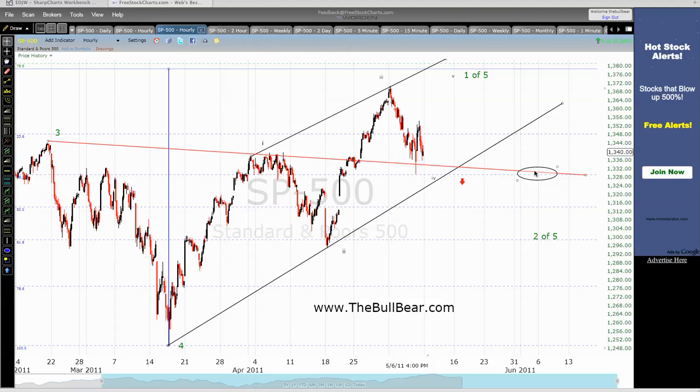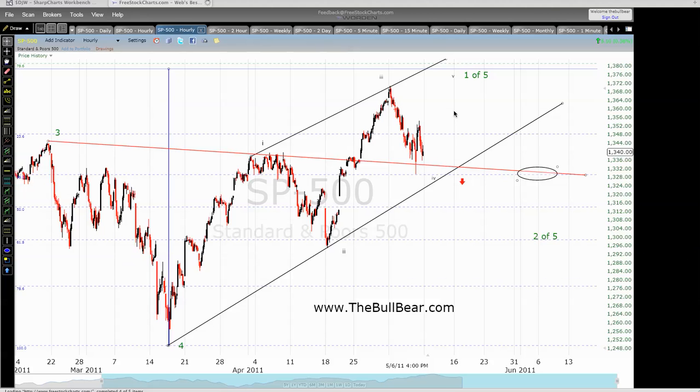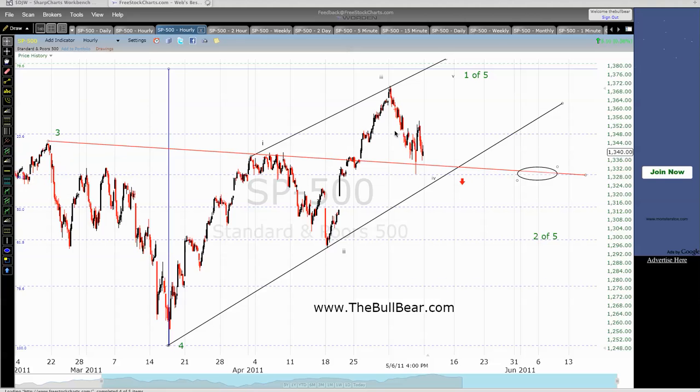Typically, ending diagonal patterns result in corrections which frequently take back about 61.8% of the wave up. So then you'd get maybe something like around 1300, which is the 61.8 Fibonacci retracement level, and then you'd get your 3 of 5 move from there.